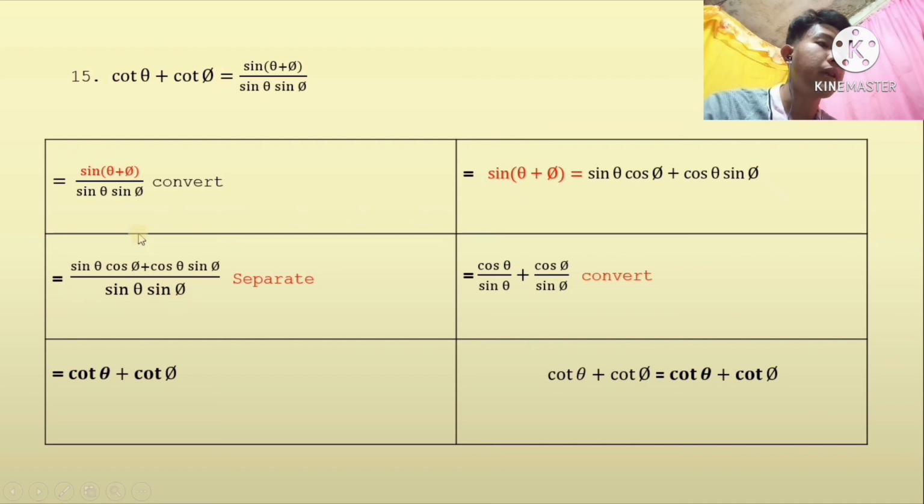So separate, it will be equal to cosine theta over sine theta plus cosine phi over sine phi. So convert into cotangent. Cotangent is equal to cosine theta over sine theta, and cotangent is equal to cosine phi over sine phi. So our equation will be this. So our proving is correct.